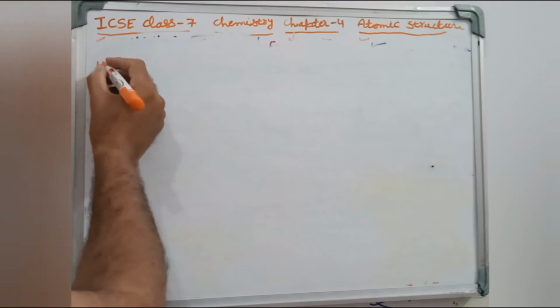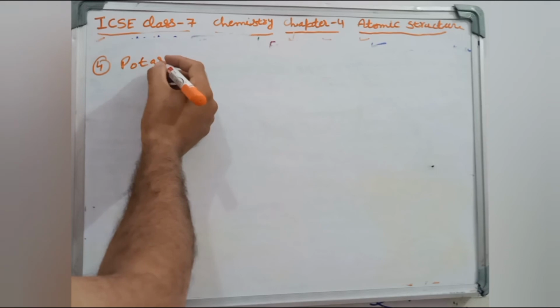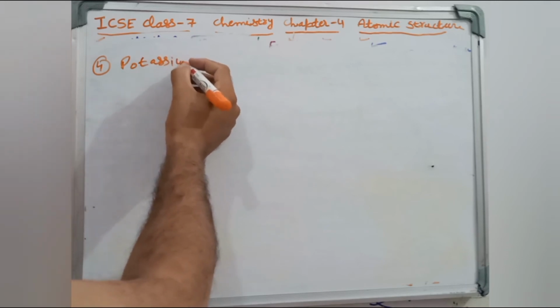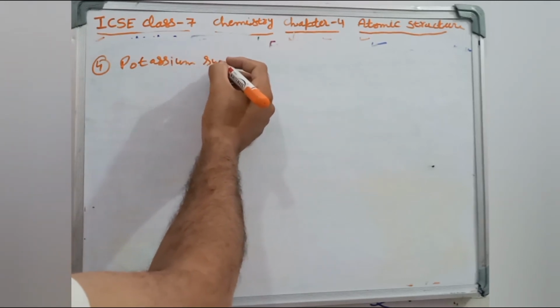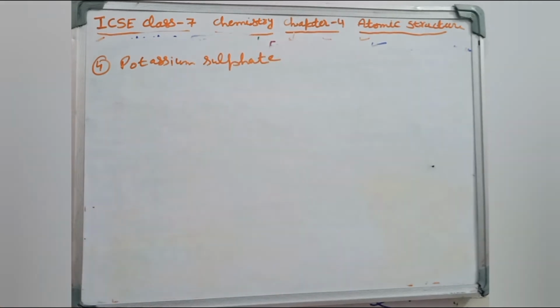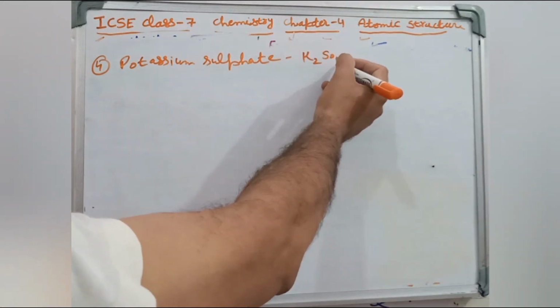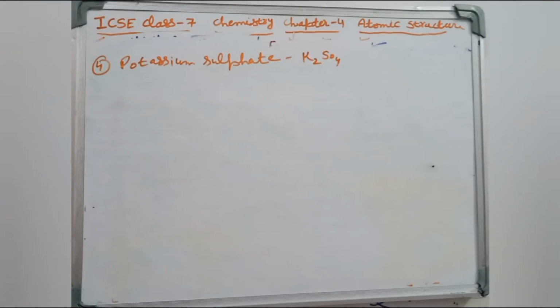Number 4 is potassium sulfate. So its formula will be K2SO4. The crisscross method you will draw at home.